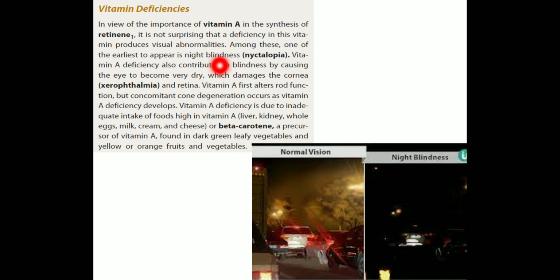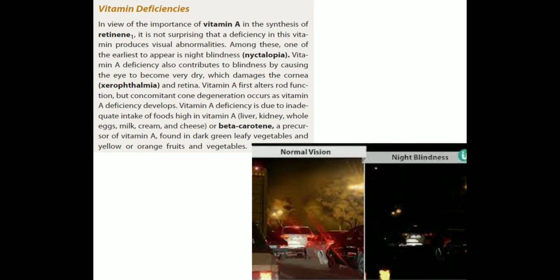This causes night blindness. Vitamin A deficiency contributes to blindness by causing the eye to become very dry, which affects the cornea, xerophthalmia, and the retina.